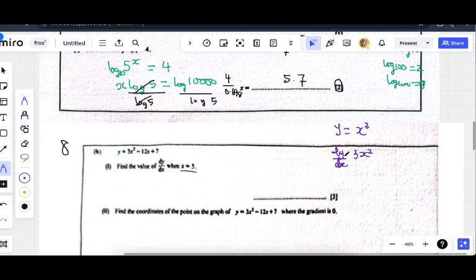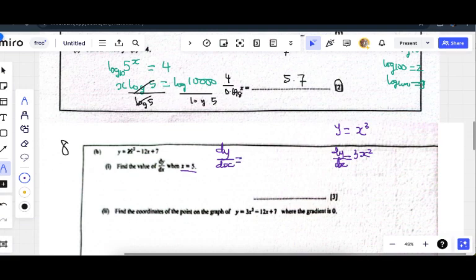So if they give us a polynomial like this and ask us to find the value of dy over dx when x is 5, we differentiate it and substitute the value of 5 into the equation, and we get the answer. So dy over dx of this function will be equal to: here you have power 2.